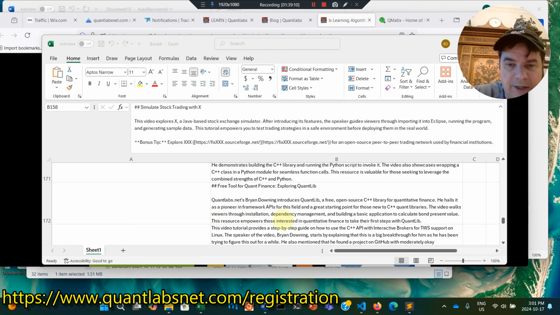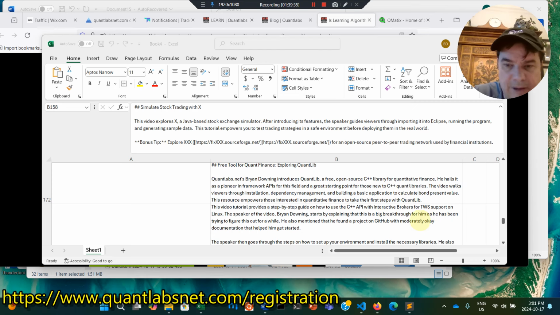It shows how to install it, the dependency management, and building basic applications that calculate bond present value. So these are simple examples, simple installation, but it's vast. It's very sophisticated, very complex. But a lot of institutions use it. It empowers those interested in quant finance to take their first steps with QuantLib.